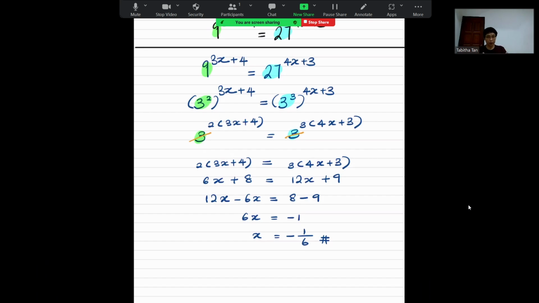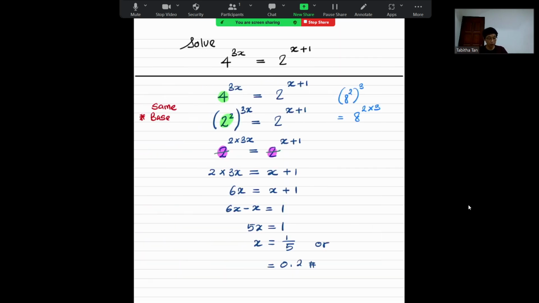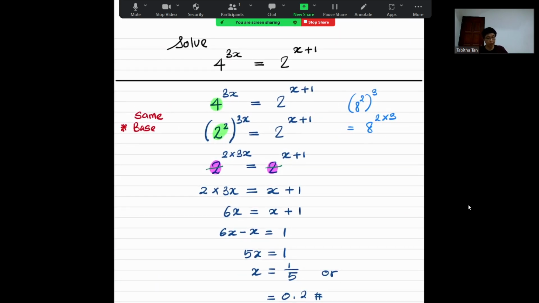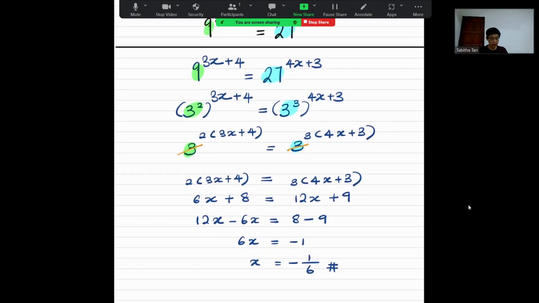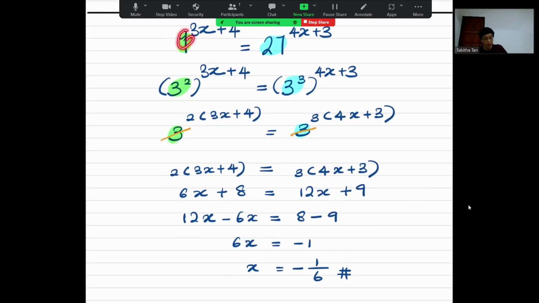In the first example, we reduce both of them to 2, and then we no longer have to compare them. For the second example, from 9 and 27, we reduce them to base 3, and again we achieve the same convenience that we no longer have to compare the base.